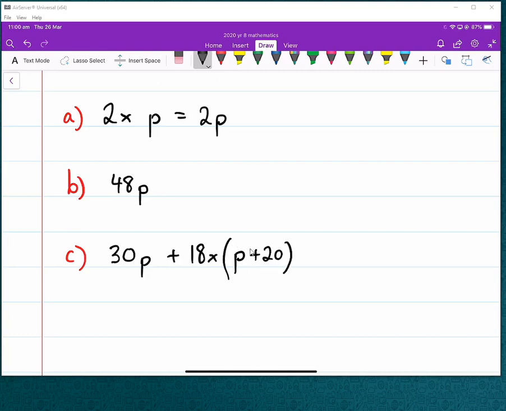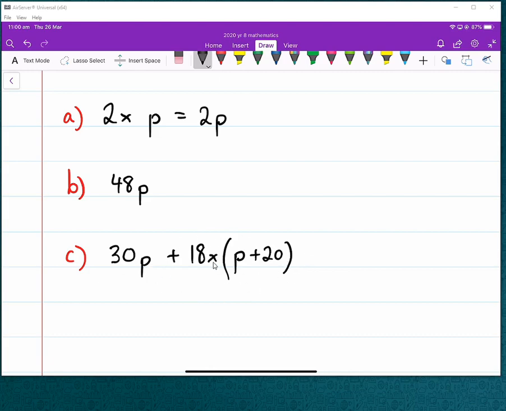Now I've used brackets here, so this is what she's getting: P plus $20. So if P was, say, $100, she's getting $120 for 18 weeks, and $100 for 30 weeks. So this would be the expression that we would use.